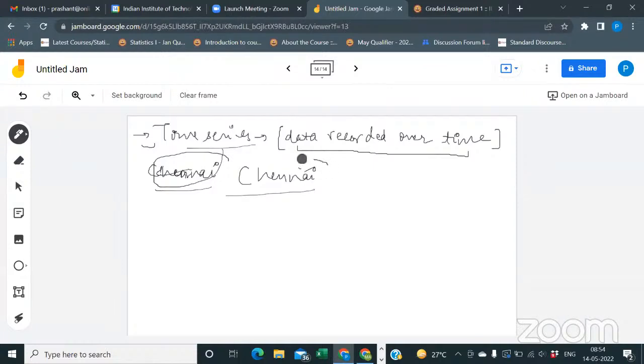They're changing the years, right? It's based on time. As Lakshmi has explained, that is correct. Now, see, time series is where data is recorded over time, so time varies.